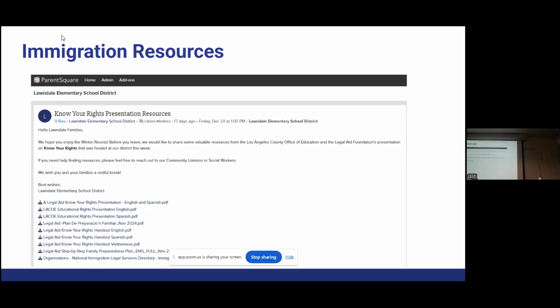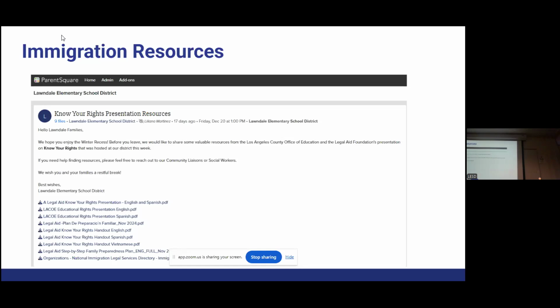That specific handout has information about your rights as immigrants, what you should do if ICE does come to our area, as well as some resources of who you can contact in case you have any questions about your situation. I encourage you to review the first one for sure. It's in English and Spanish. And then there's a couple of PDFs there also about your rights.